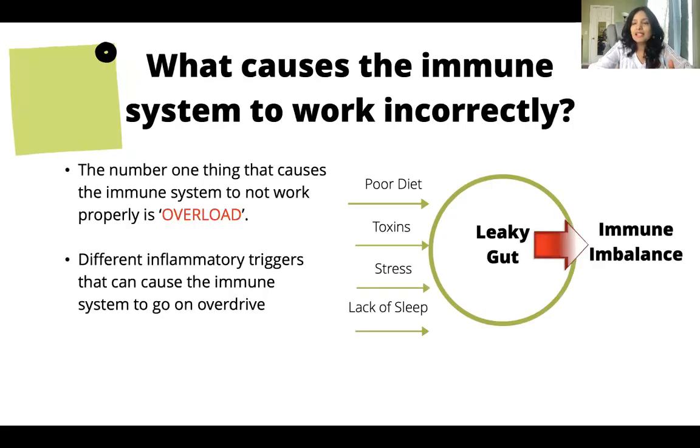And then ultimately, with all the different factors that I talked about happening, the number one thing that causes the immune system to not work properly is overload. The best way I like to explain this is, for example, there is a fort, and an army of soldiers is defending the fort from invasion by enemies from outside.